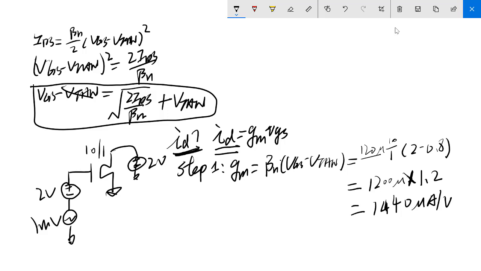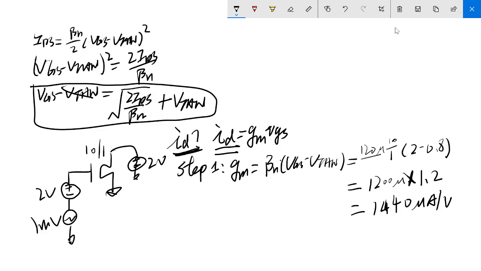I think I didn't make it right. Did I? So gm is 1 milliamps per volt. Did I make any mistakes somewhere? VGS is 2 volts, 2 volts minus 0.8 volts.